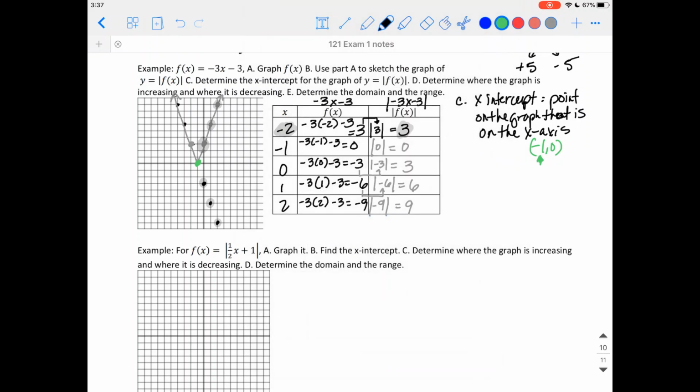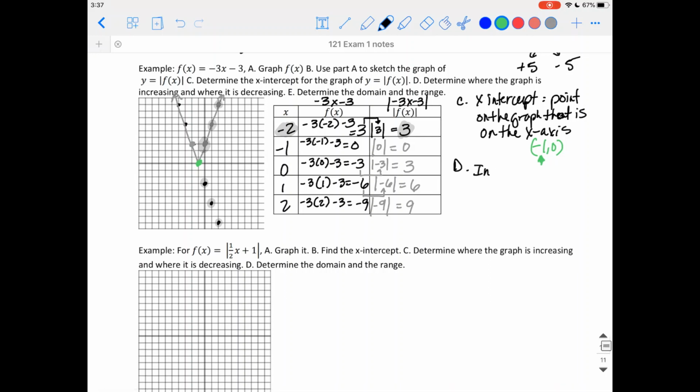All right, then for D, it asks, determine where the graph is increasing and where it is decreasing. Okay, so it is increasing, and I'm going to highlight it in yellow. It's increasing from this point and continuing in that direction forever.